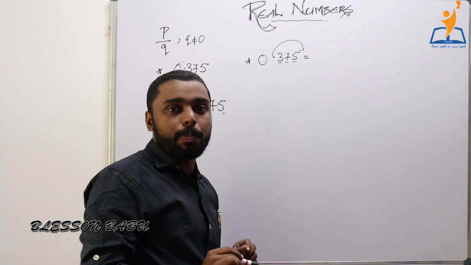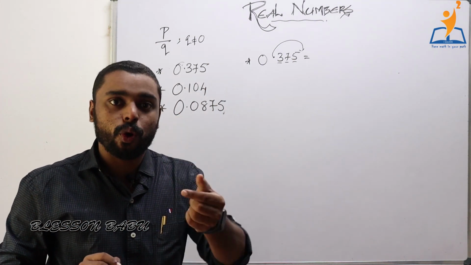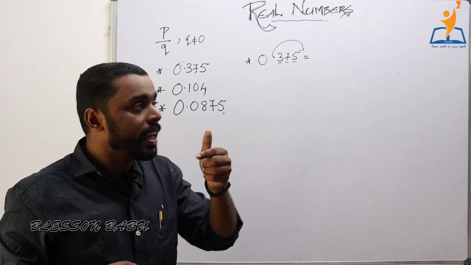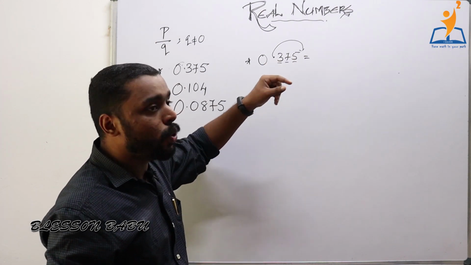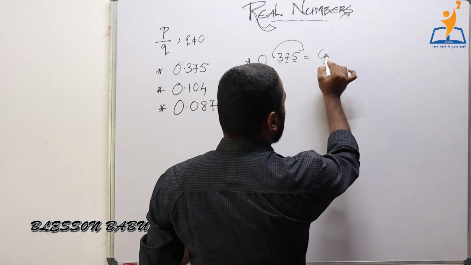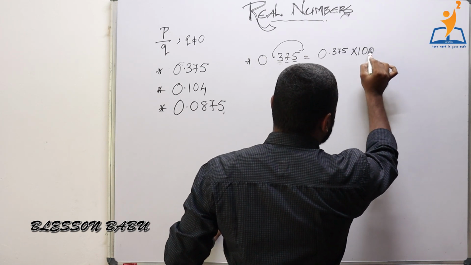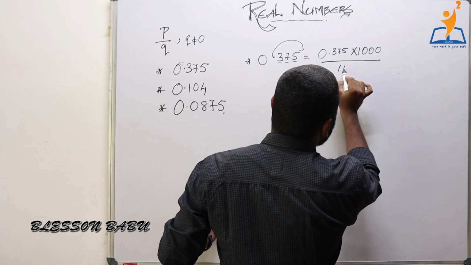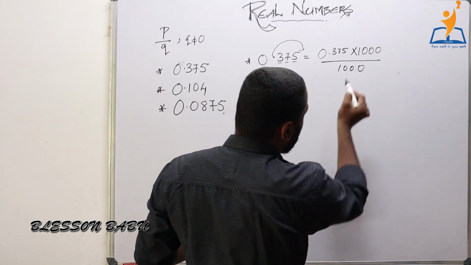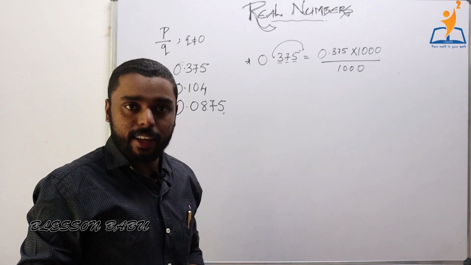It is not possible to multiply alone, so in order to keep the value equal, we have to divide simultaneously by 1000. So it will be equal to 0.375 into 1000 divided by 1000. See, 1000 and 1000 cancel and there is no change for the number. So it is a valid relation.